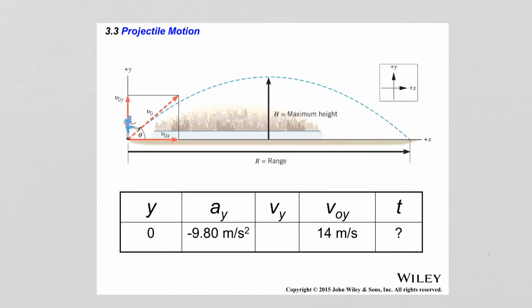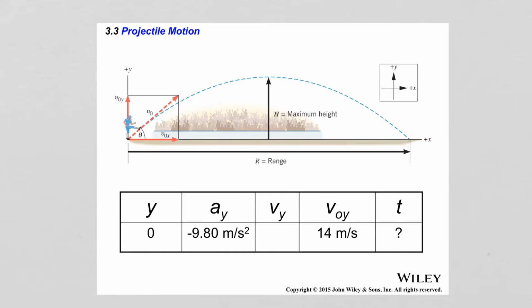Remember that displacement is the straight line distance between the initial and final positions. What are the initial and final positions here? The initial position is at the ground. The final position is at the ground. So vertically, this ball has not moved at all, hasn't displaced at all when it's all said and done.